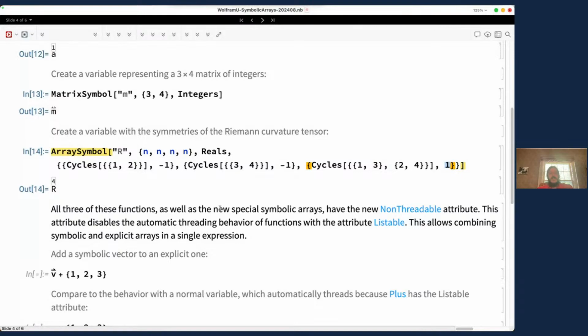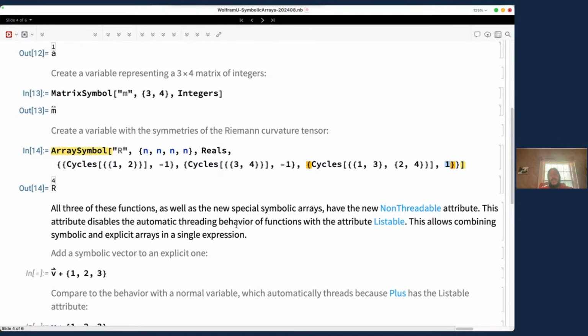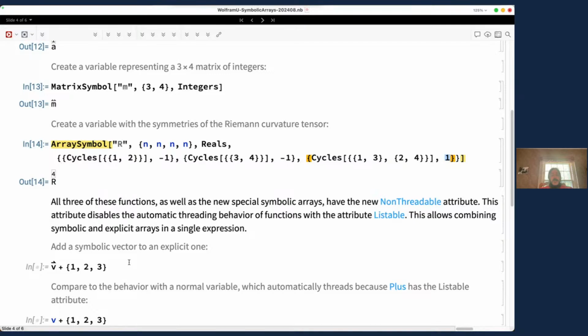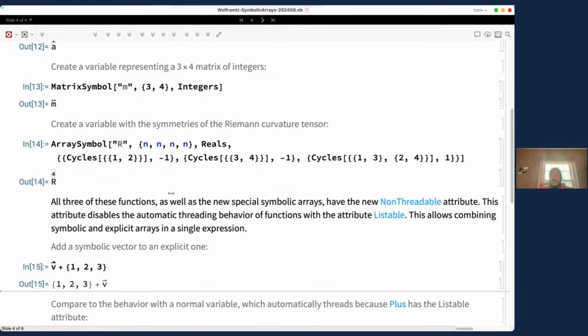So all of these functions, as well as the new special symbolic arrays, have the non-threadable attribute. This attribute disables the automatic threading behavior, right? We say that a listable function threads automatically over lists. But there are times when you don't want that to happen, because imagine you're adding a symbolic vector to an explicit one. In this situation, you just want it to sit there because you can't simplify that at all as long as we don't know what v is.